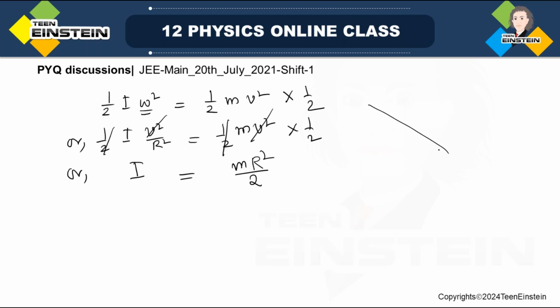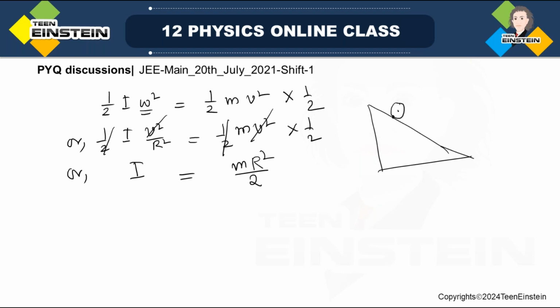So when a body rolls down, whether it is a cylinder, a ring or a sphere, the rotation axis will be here.